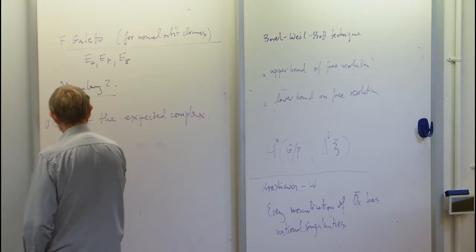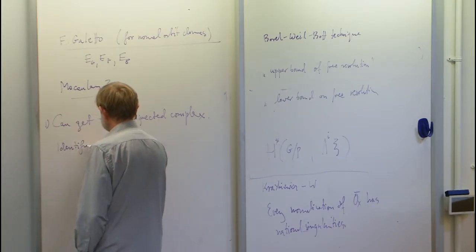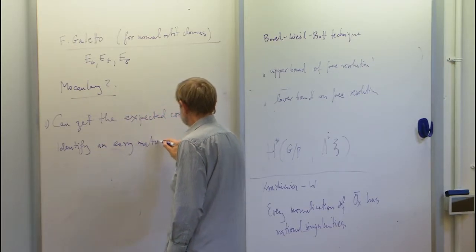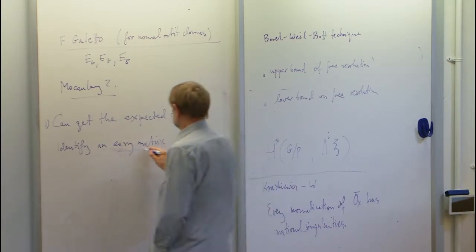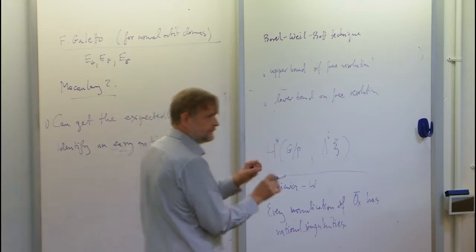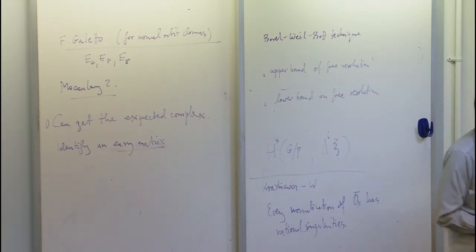So first of all, you identify an easy matrix, some matrix of low degrees that you can actually write down in this expected complex, somewhere in the middle sometimes. The easiest that you can, okay?